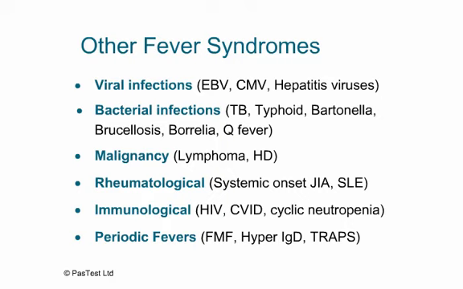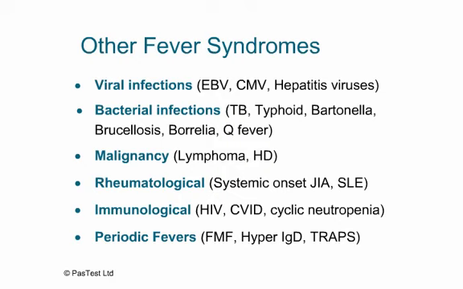Malignancy should always be looked for extremely hard in these children, and rheumatological conditions become more likely as the infective causes are ruled out. There are a number of immunological conditions that should be considered, particularly relating to recurrent infection, and perhaps the most important ones that might be missed are HIV, chronic variable immunodeficiency, and cyclical neutropenia.